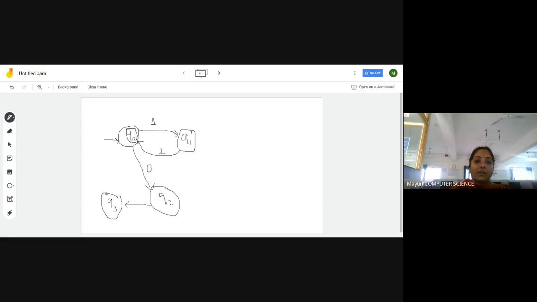And for the third 0, it has to be the final state, already Q0. I will take a 0 here. So 0 mod 3, 1 mod 3, 2 mod 3, 3 mod 3 final state. 4, 5, 6 mod 3 final state. Is that okay?